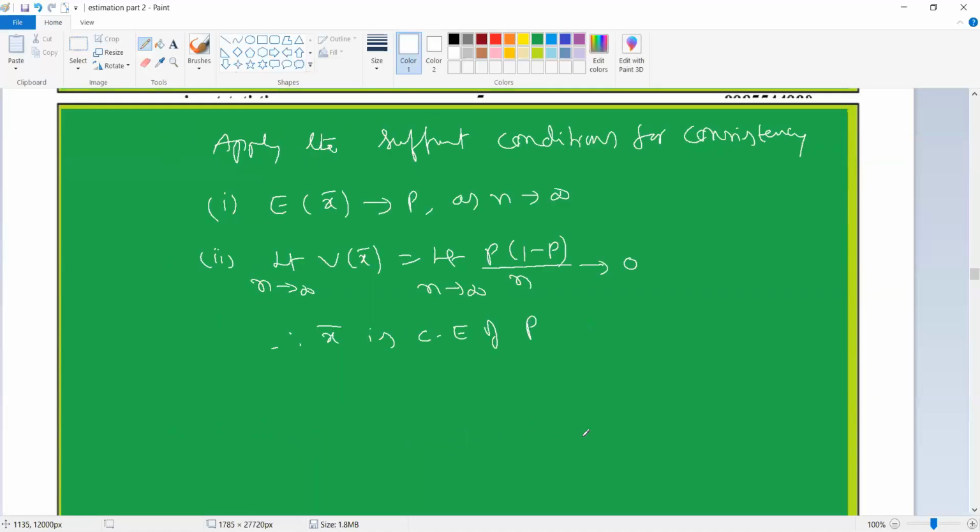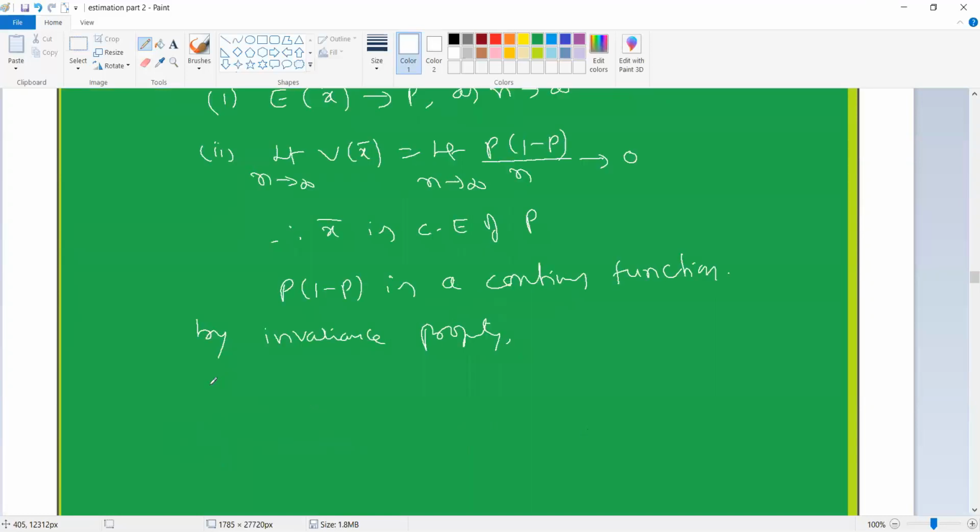Our requirement is to show that the dash is the consistent estimator of p into 1 minus p. Now here p into 1 minus p is a continuous function, so by the invariance property, already explained, go through the invariance property.